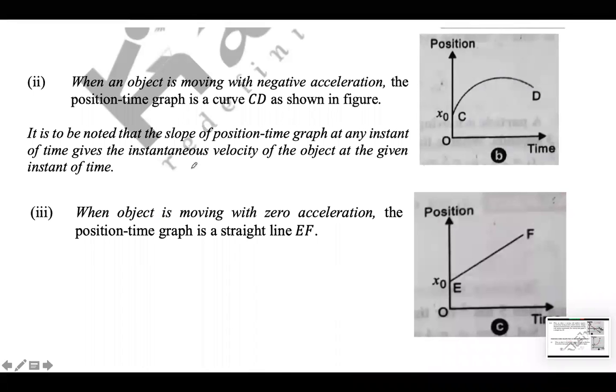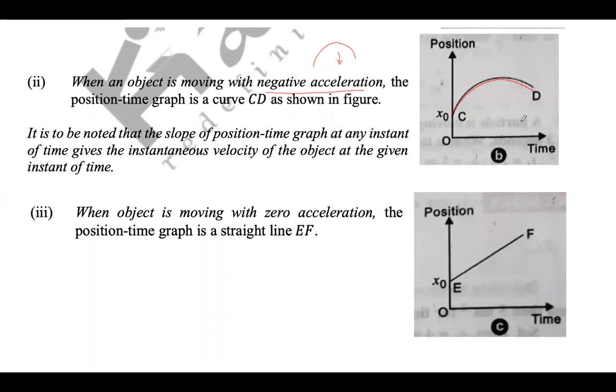Now, if we have to find the position time graph of an object moving with negative acceleration, it will be a parabola with mouth opening downward. See, the mouth is opening downward. So this is a position time graph of an object moving with uniform deceleration or uniform retardation.